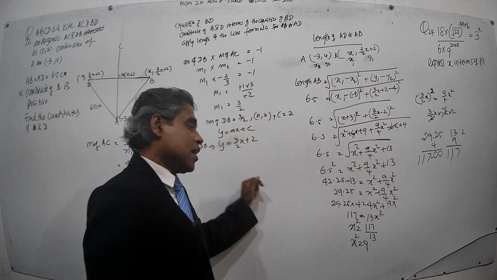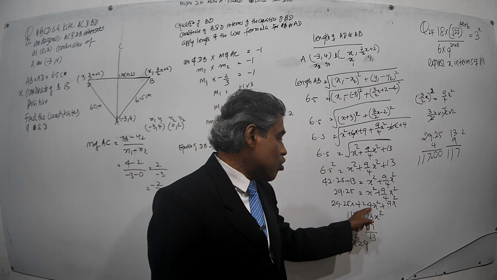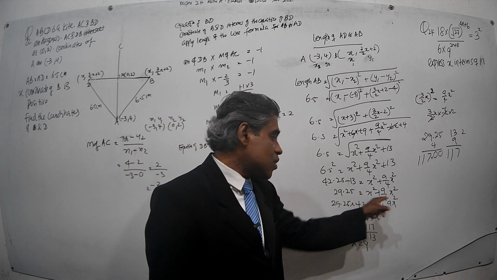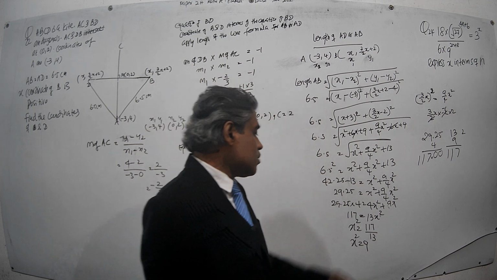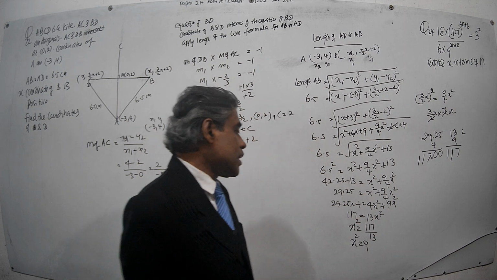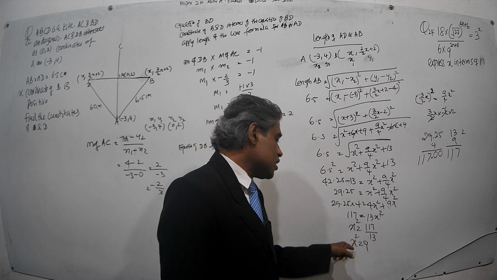Okay, 13x squared. After this, 4x squared plus 9x squared, like terms, square terms, get added, then it will be 13x squared. Then when both sides are divided by 13, x squared equals 117 over 13, then x squared equals 9.